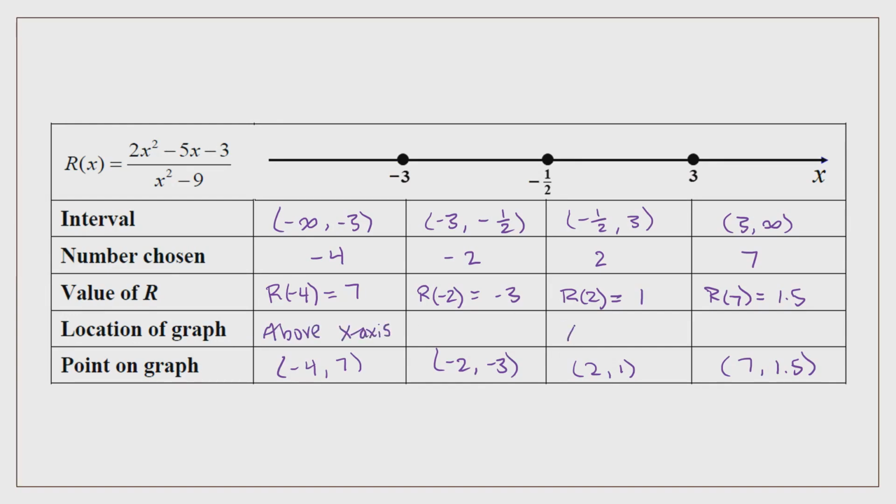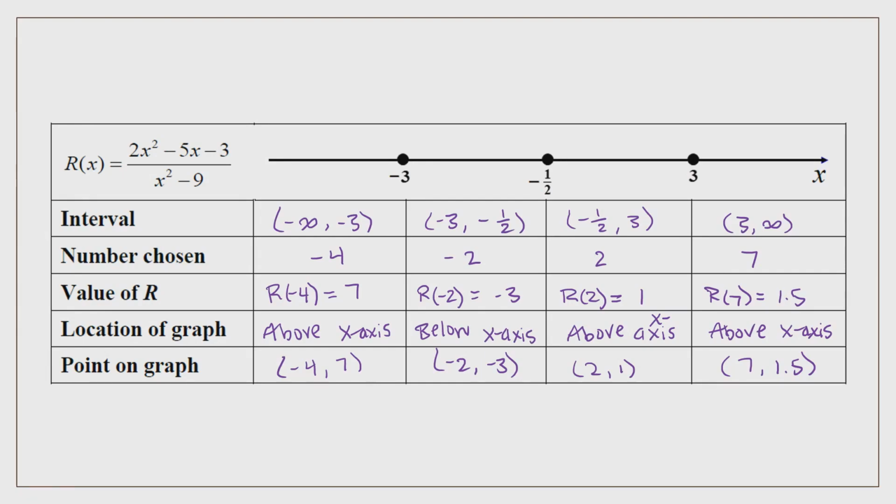So both of these are going to be above the x-axis. Oh, and the last one as well. Cool. And then our point -2, -3 is below the x-axis. Okay.